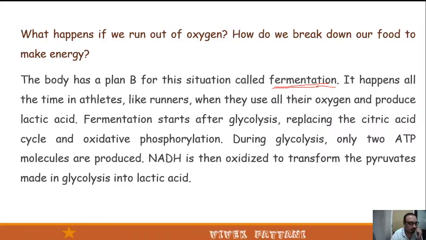Fermentation starts after glycolysis, replacing the citric acid cycle and oxidative phosphorylation. During glycolysis, only two ATP molecules are produced. NADH is then oxidized to transform the pyruvate made in glycolysis into lactic acid. We have discussed this earlier also.